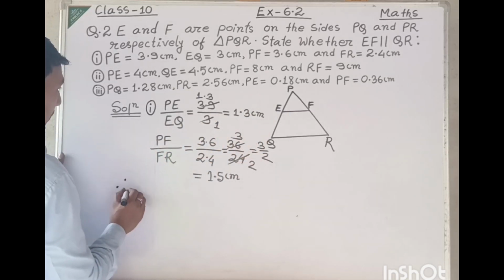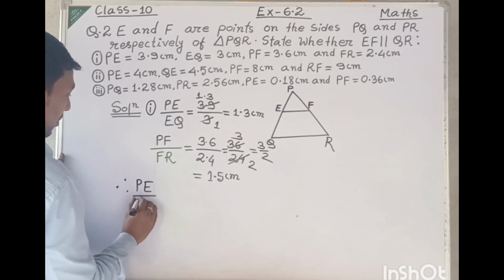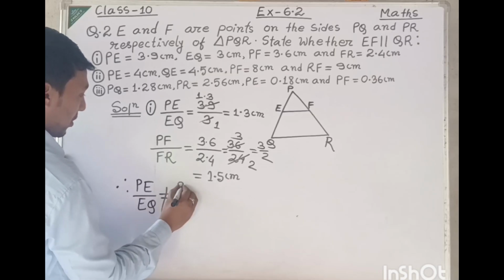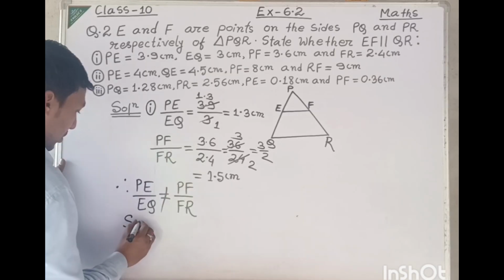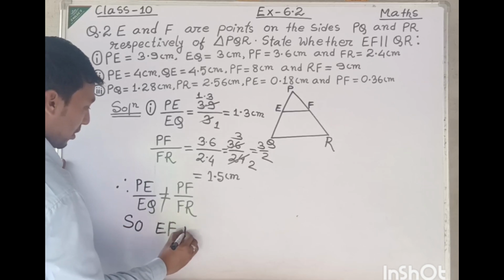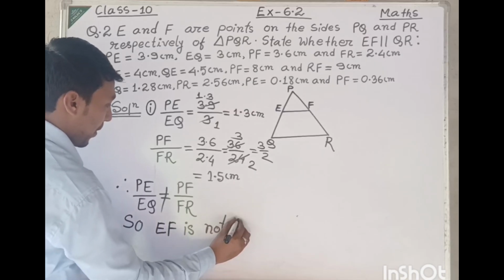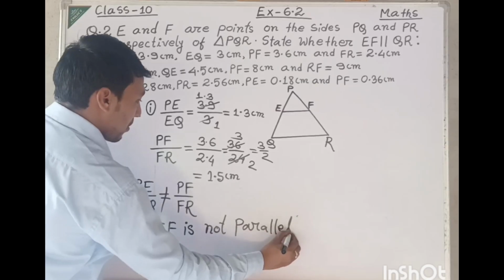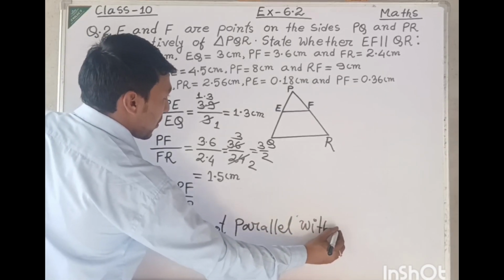So therefore PE by EQ is not equal to PF by FR. So EF is not parallel with QR.